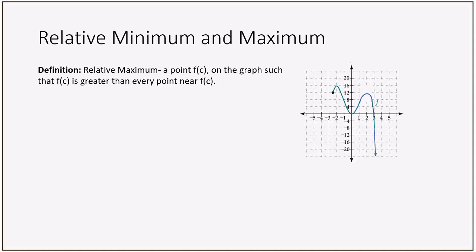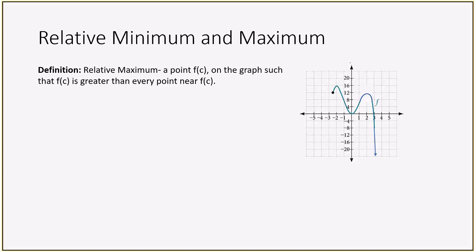So all that's to say is going into minimums or maximums, the definition is very important. So relative maximum, as far as a strict definition goes, is that the graph starts to go from an increasing graph to a decreasing graph from left to right. And if you're going into calculus at some point, we talk about neighborhoods. It's not that we're talking about what's the highest point overall in the graph.